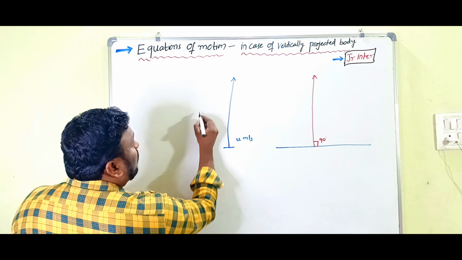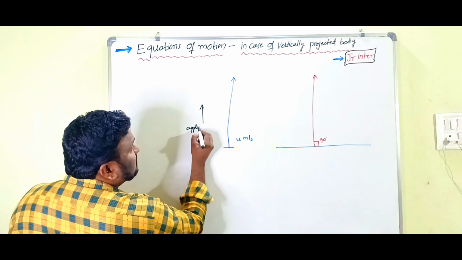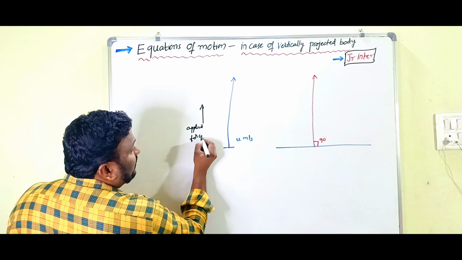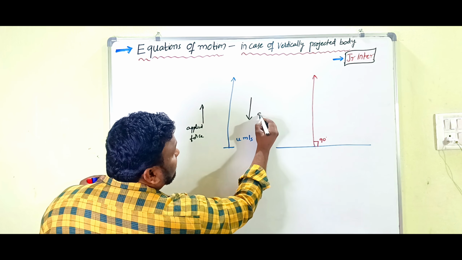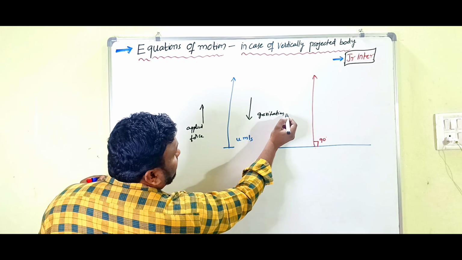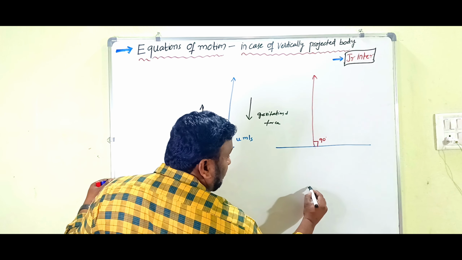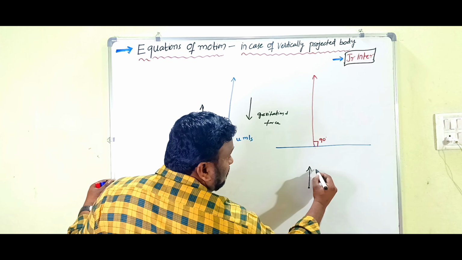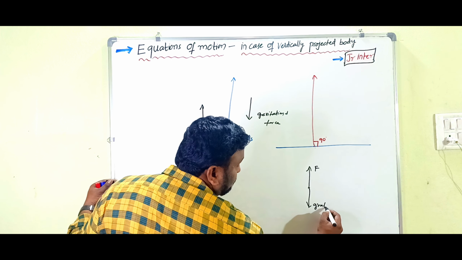One is in upward direction, applied force is acting in upward direction, and in downward direction what is there? Gravitational force is there. Clear? Simply we are showing this is the body and this is the applied force, and this is the gravitational force.